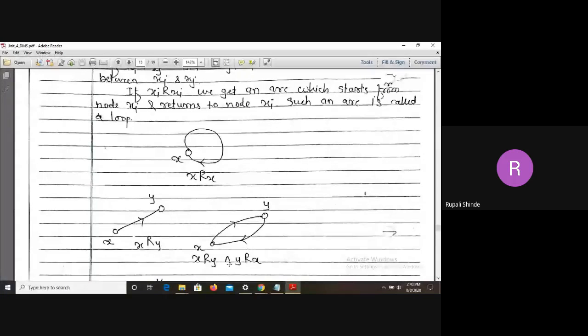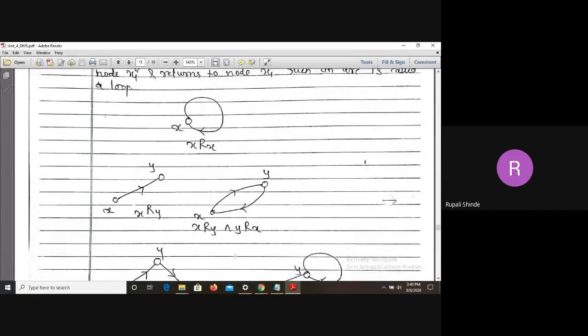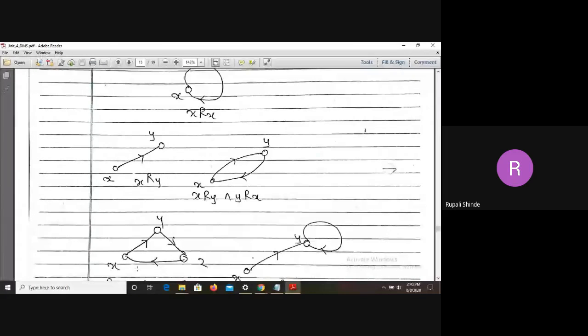And y is in relation R with x, because it must start with y and end with x. That's why this is represented by both arrows, from x to y as well as from y to x.